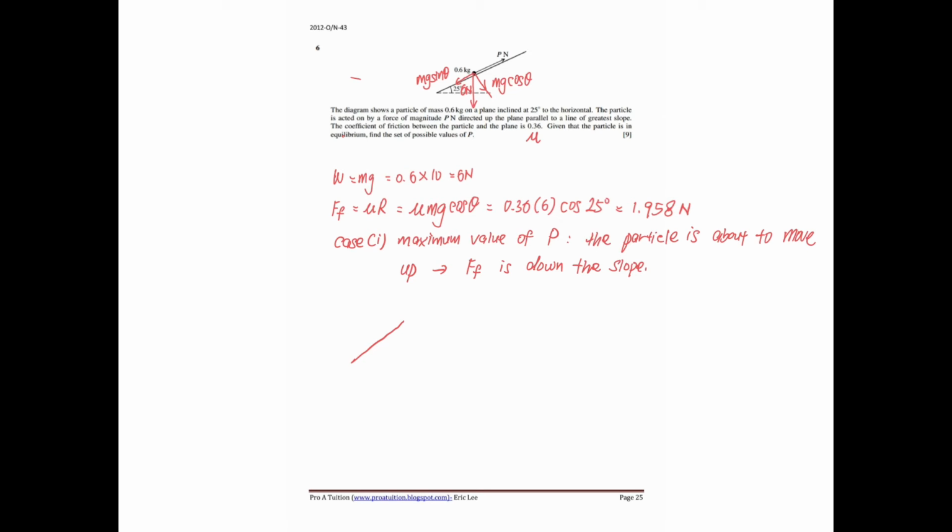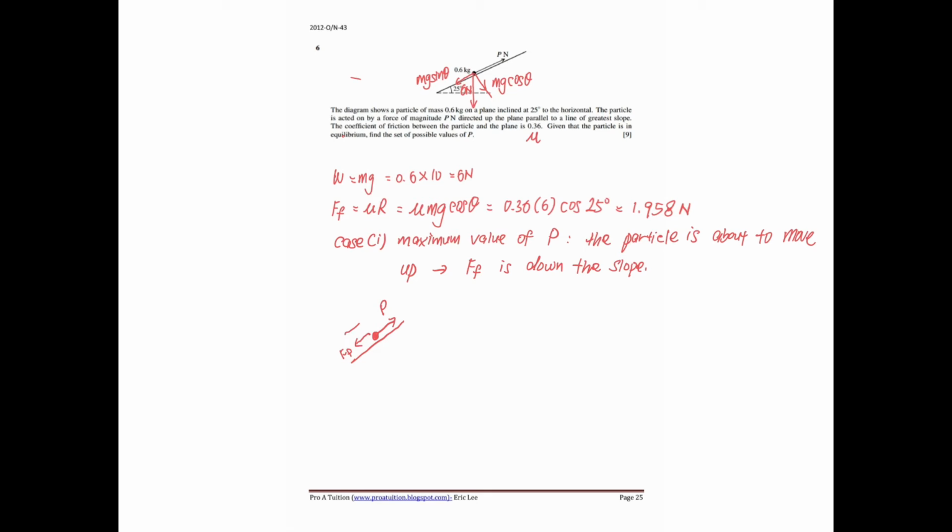So this is the slope. The particle is here. The P acts up with maximum value to make the particle go up, and because of that, the frictional force is acting downwards.